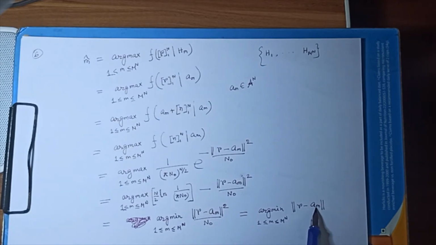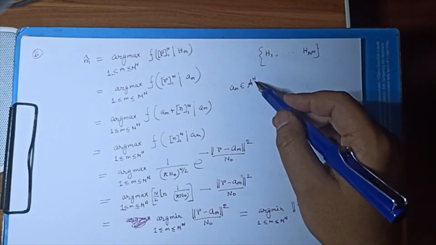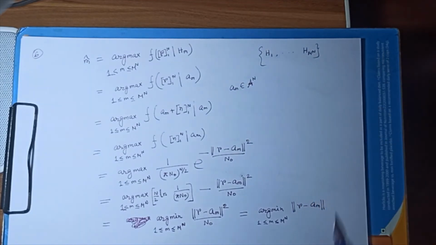So those symbols are one of those vectors. Total there are M to the power n vectors. You find out which one your received signal is closest to in terms of the L2 distance, among all the possible symbols, and whichever is minimum, take that. Isn't that obvious? This is like a minimum nearest neighbor classifier.